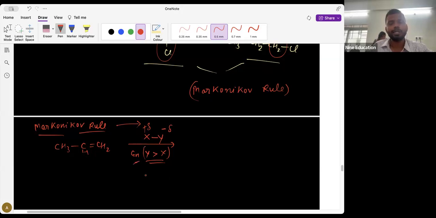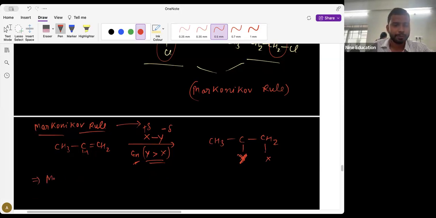So because Y has electronegativity more, always remember Y will try to come this side. More electronegativity will come and try to come on the carbon which is more substituted.